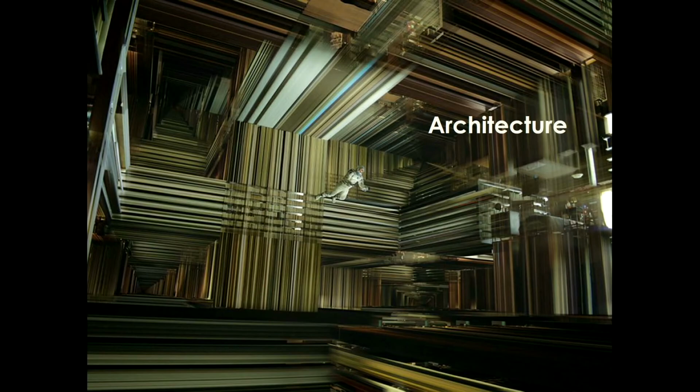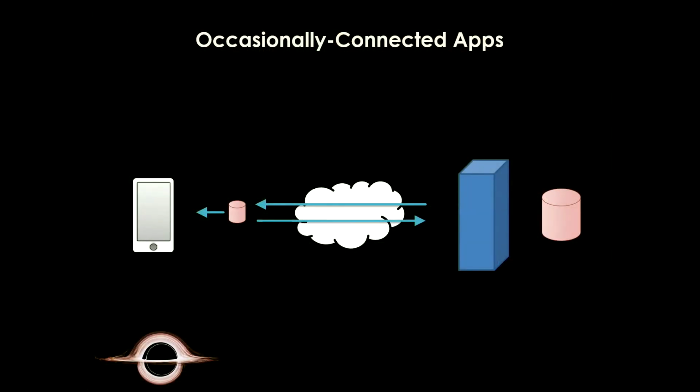And so this opens up a lot of different architectural possibilities, occasionally connected apps. So we've got a mobile app. It's got a subset of the data that it keeps offline. It can run these kinds of where-not-exists queries in order to show you what's current on the user interface. As you make changes, you're inserting new facts into your local copy of the database, and so that's changing the results of those queries.